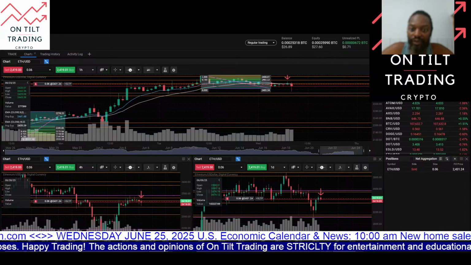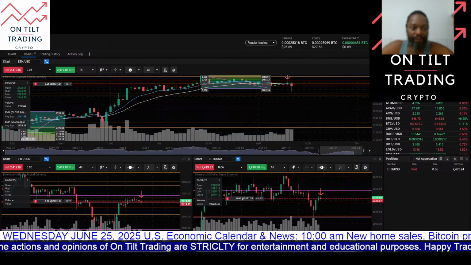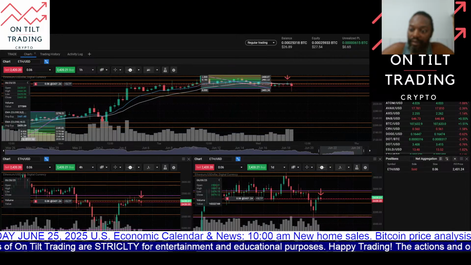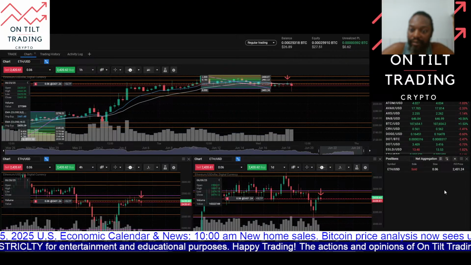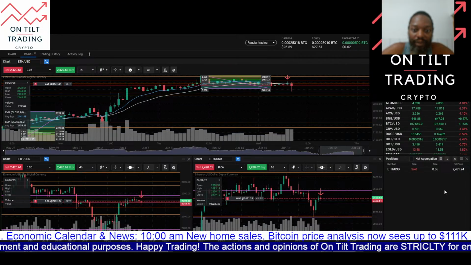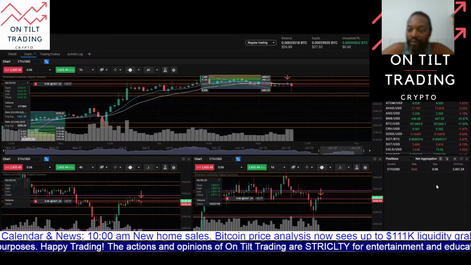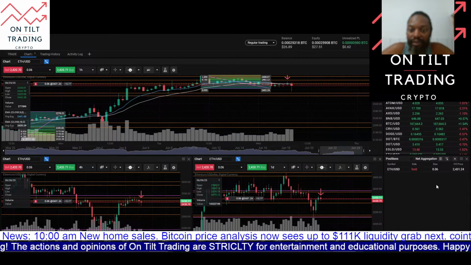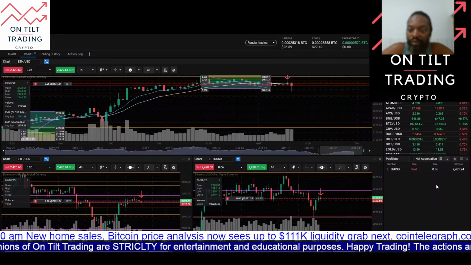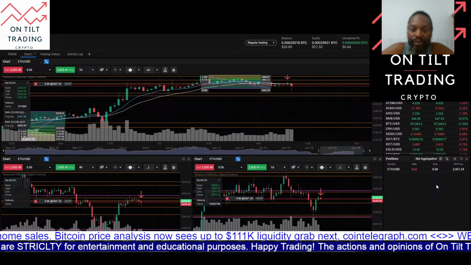So since then, just waiting for another opportunity to take a trade, and that has come this morning with Ethereum, and we'll see how it plays out as it continues to consolidate here in between 24.21 and 24.20.